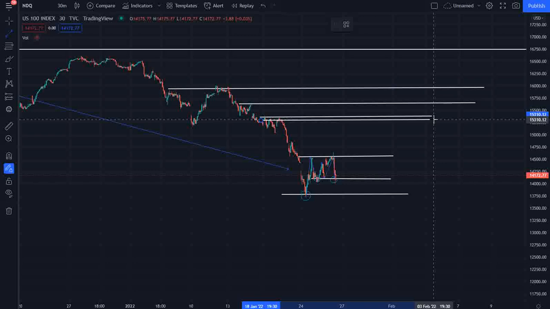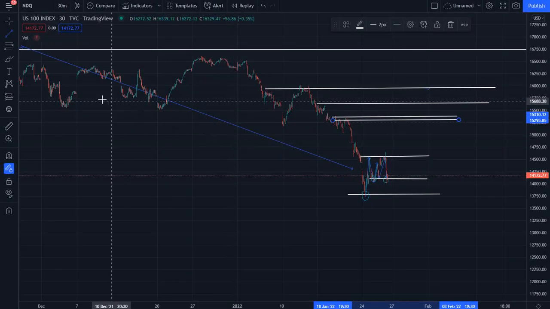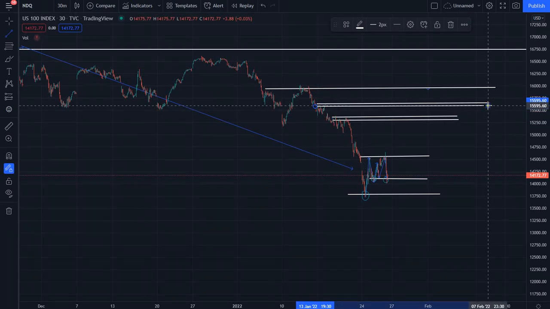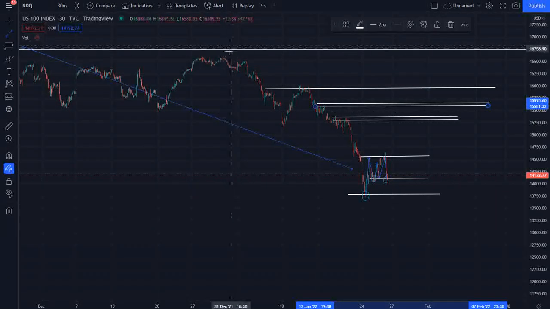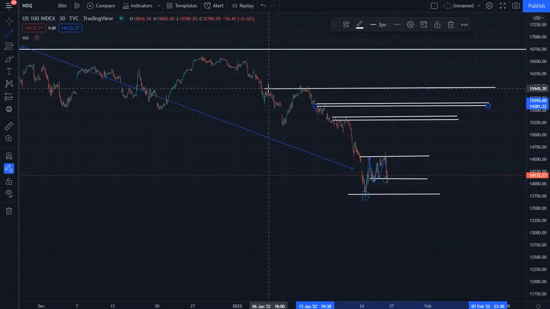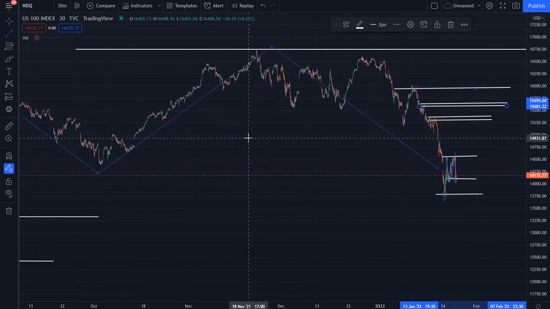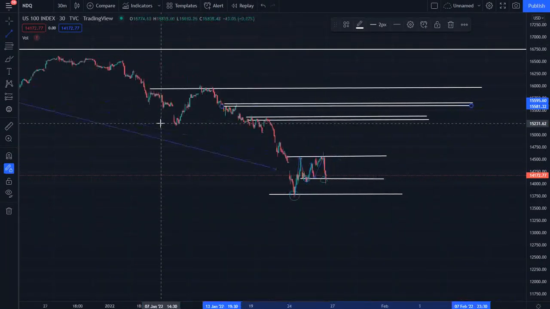So I put a double line here. Same thing here: it used to be support, now has turned into resistance. Double line here. Now the big ones are all on the top. So here, not quite. There we go. This here will be on the 30-minute time frame.